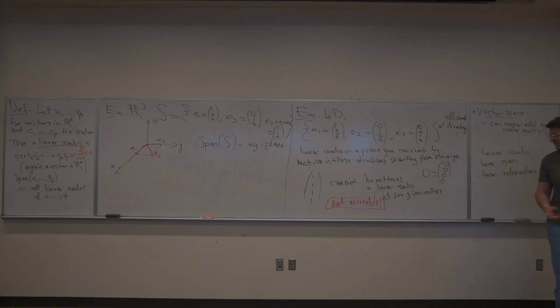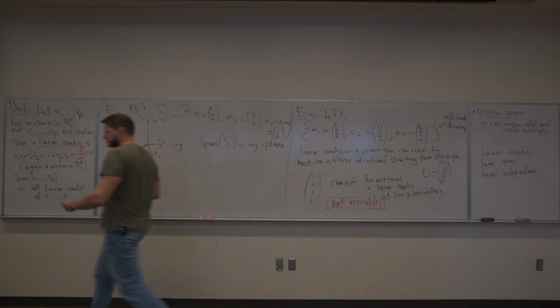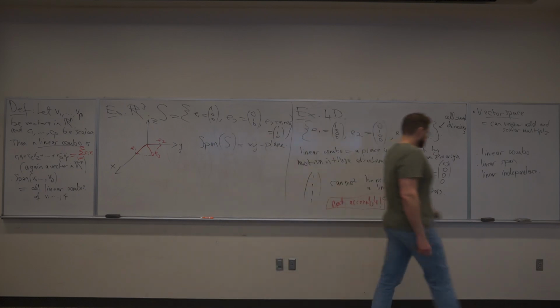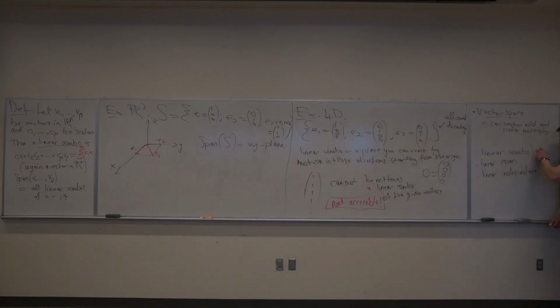Redundancy, or non-redundancy, is going to be about this linear independence that we're going to discuss in a second. So this is about accessibility. This is about non-redundancy. If you have independence, that means that your set is not redundant. So there are no redundant vectors.